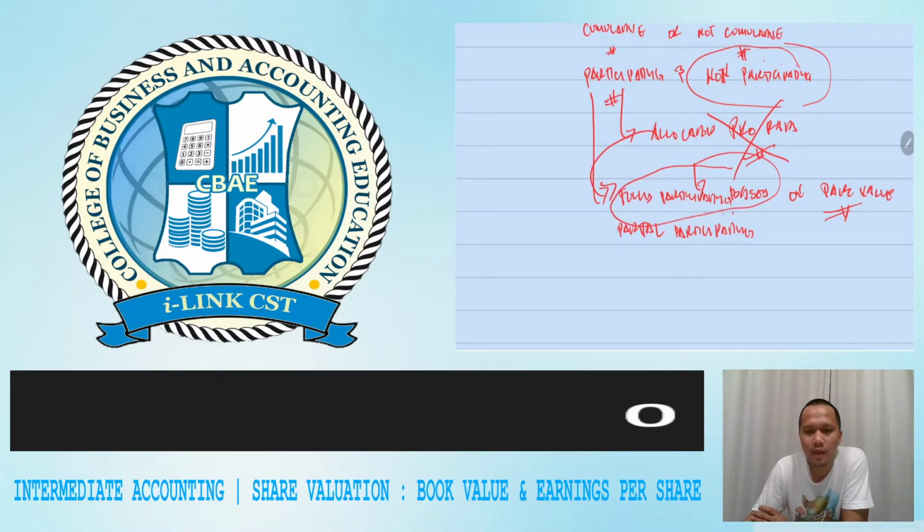Ang ibig sabihin lang pag partial participating is that yung marireceive ng preference share in excess of the dividends allocated is up to the participation rate.